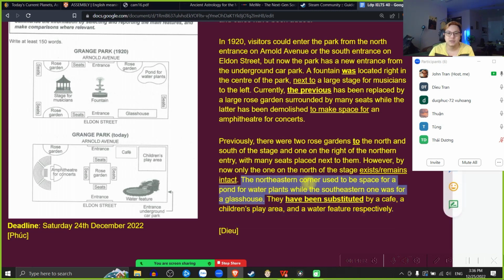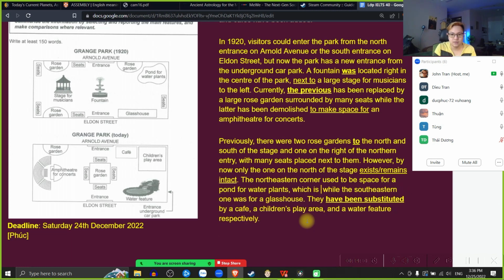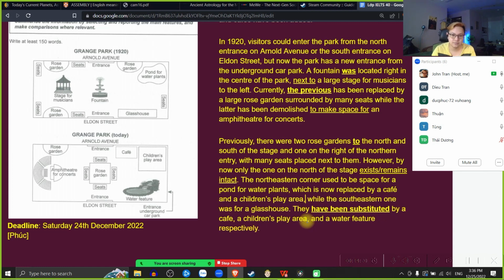Like for example, used to be space for pump for water plants, which is now replaced by a cafe and a children play area. While the southeastern one was for a glass house.